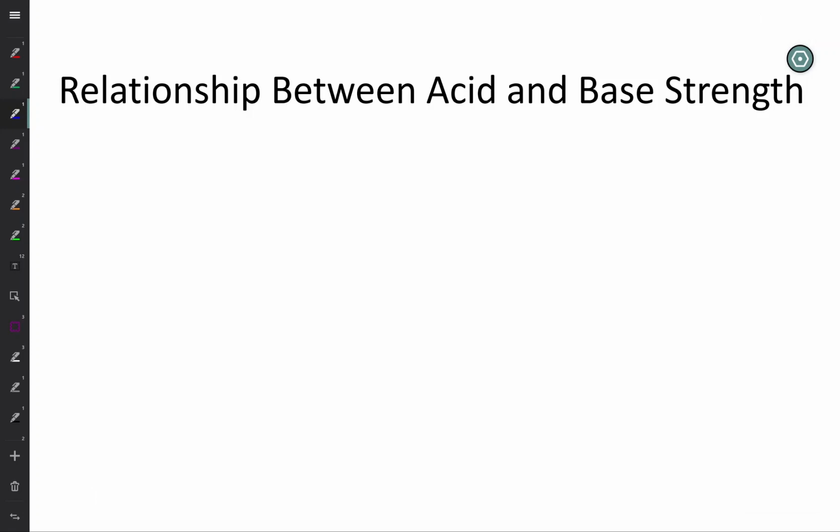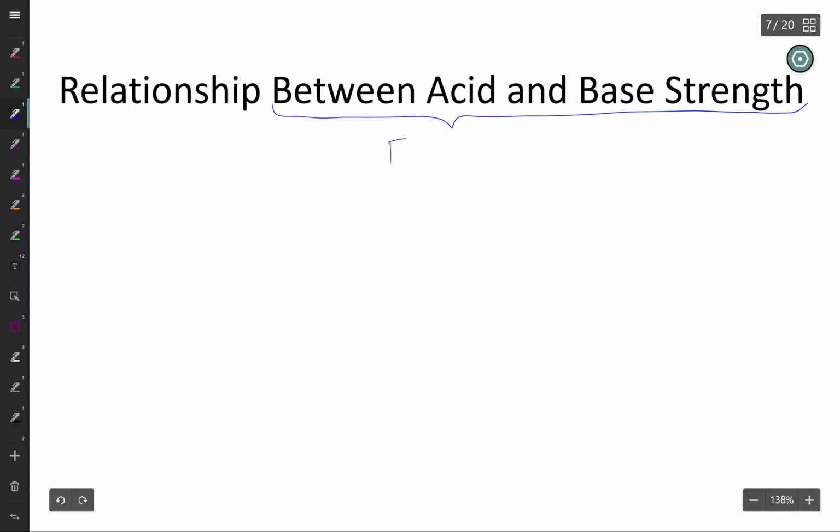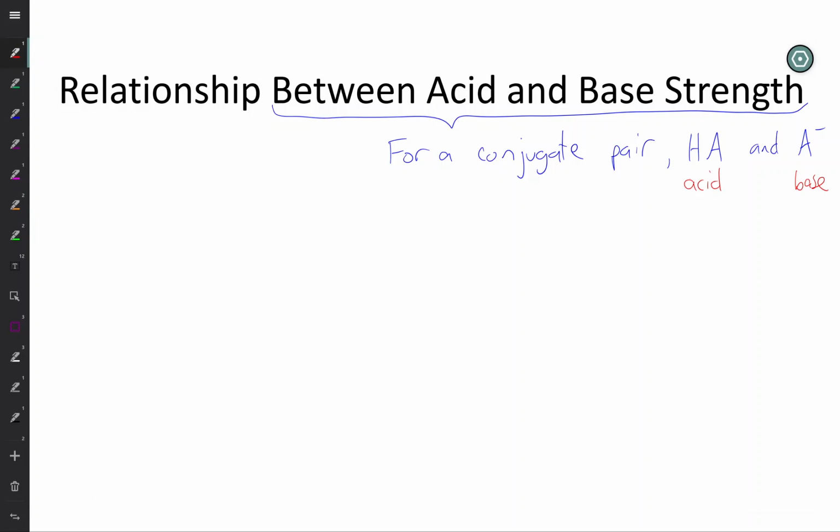When we say the relationship between acid and base strength, really we're talking about a conjugate pair: HA and A-, where HA would be the acid and A- would be the base.